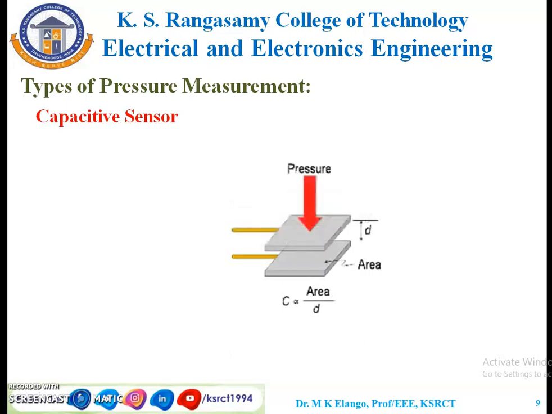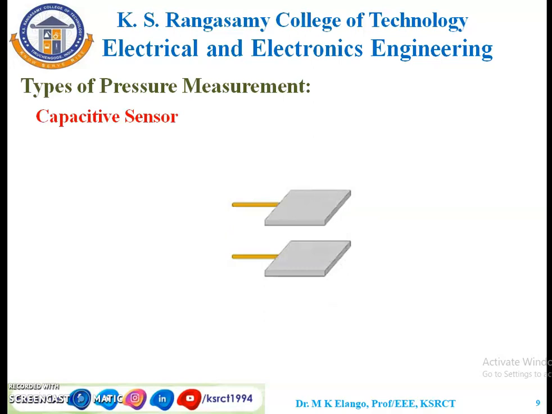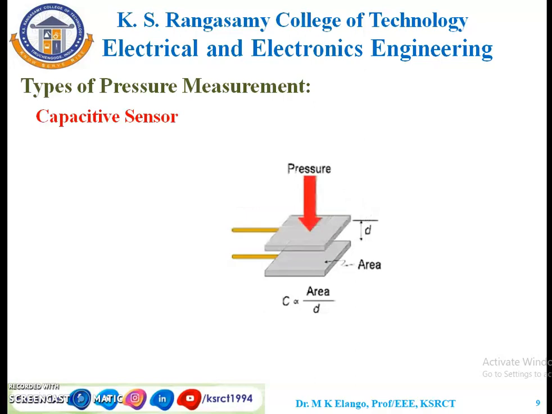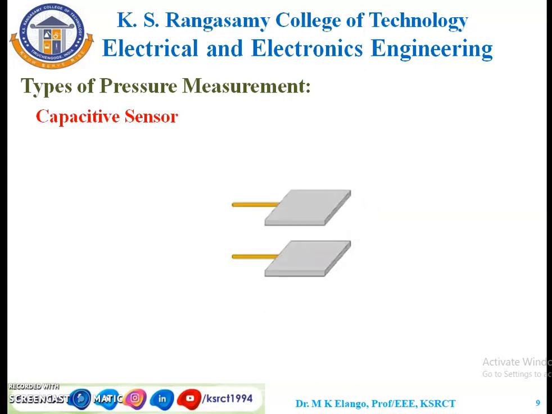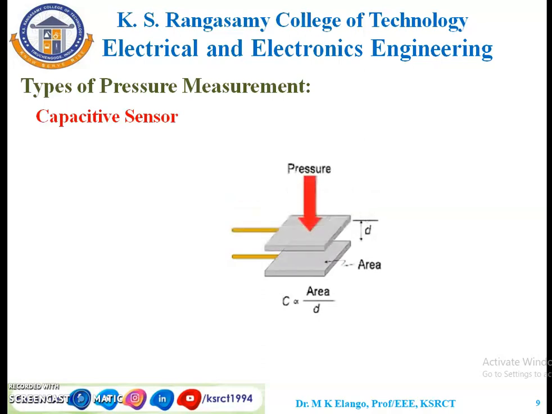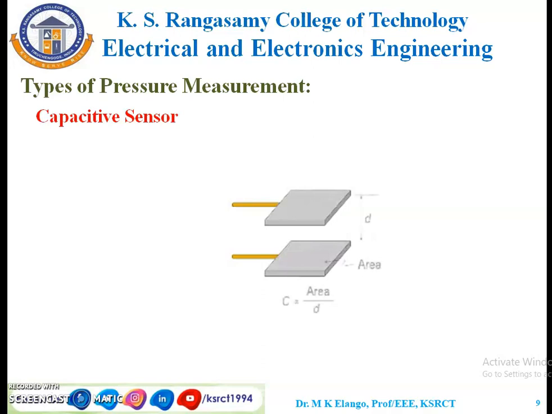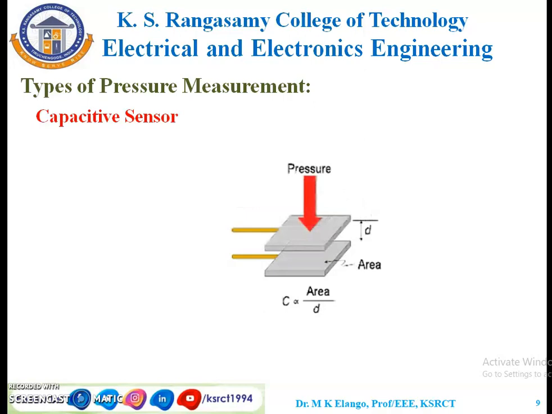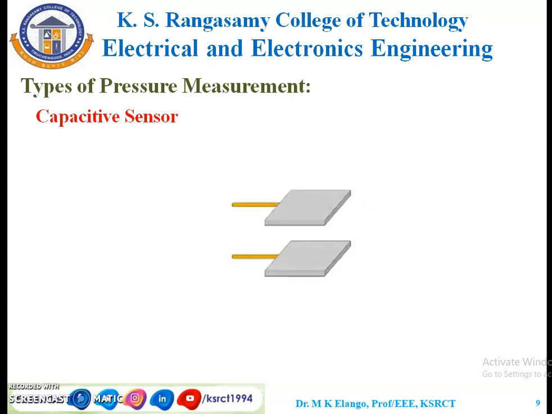Here, if we apply pressure, automatically the distance between the two plates of the capacitor is going to change. So the capacitance is going to change, and with the help of a bridge arrangement, it may be a De Sauty bridge or Schering bridge, easily we can measure the value of the capacitance change. Here the capacitance change is directly proportional to how much pressure we are applying, that is, the quantity to be measured. So with the help of a capacitive sensor, easily we can measure the pressure.